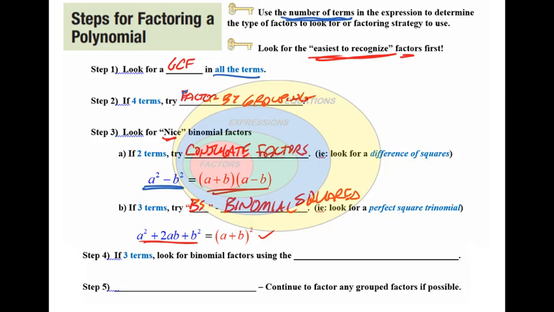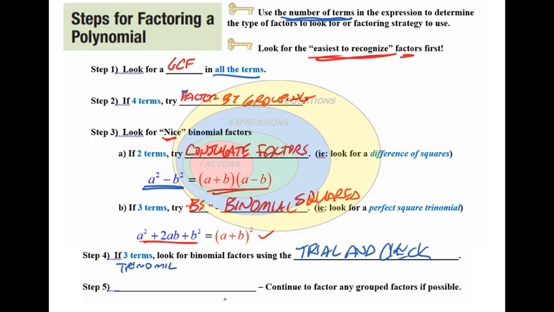And the last thing, those should be the easiest factors to look for, but if I have three terms, if I have a trinomial, look for binomial factors using the trial and check method. So the trial and check method is kind of a last resort.